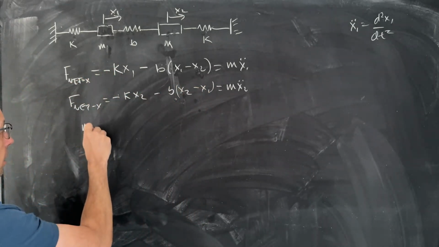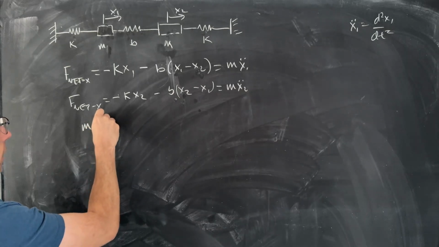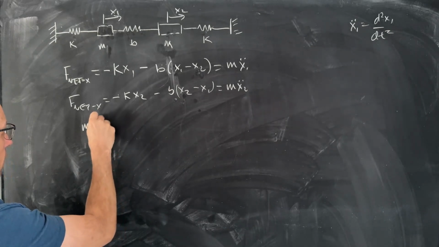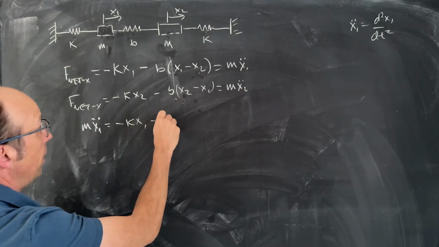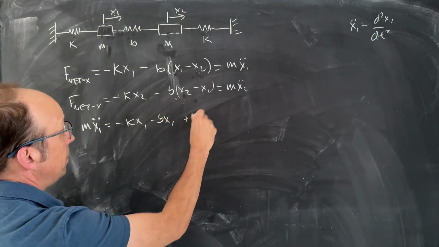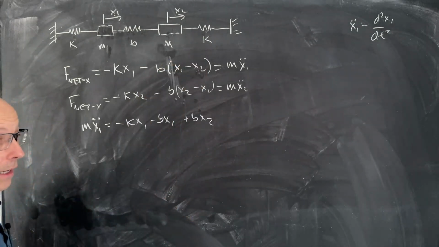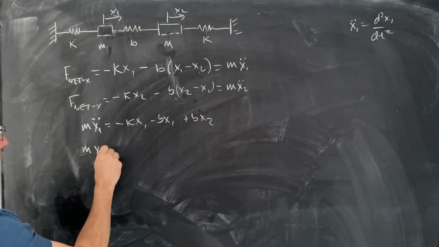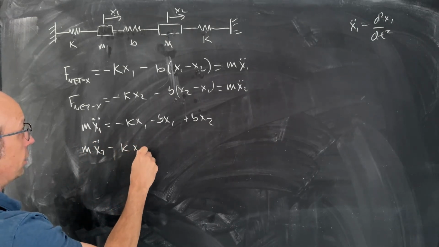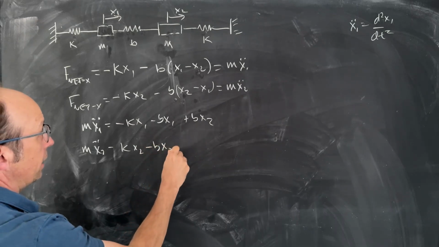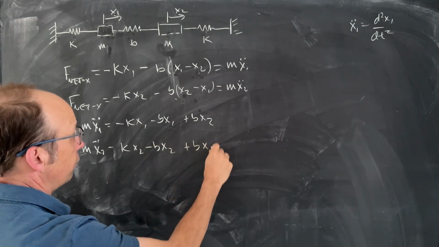So I'm going to write this as m x1 double dot equals negative k x1 minus b x1 plus b x2. That's the same thing, I just multiplied it out. And then I have m x2 double dot equals negative k x2 minus b x2 plus b x1.